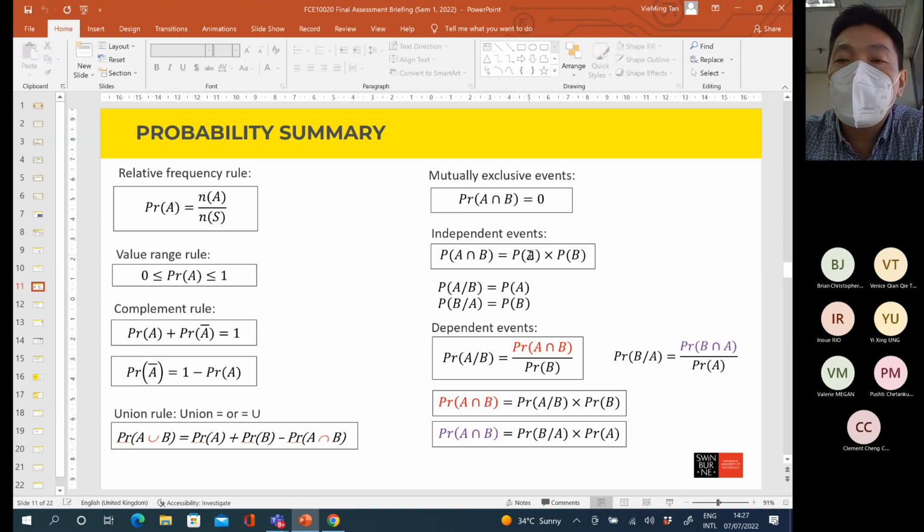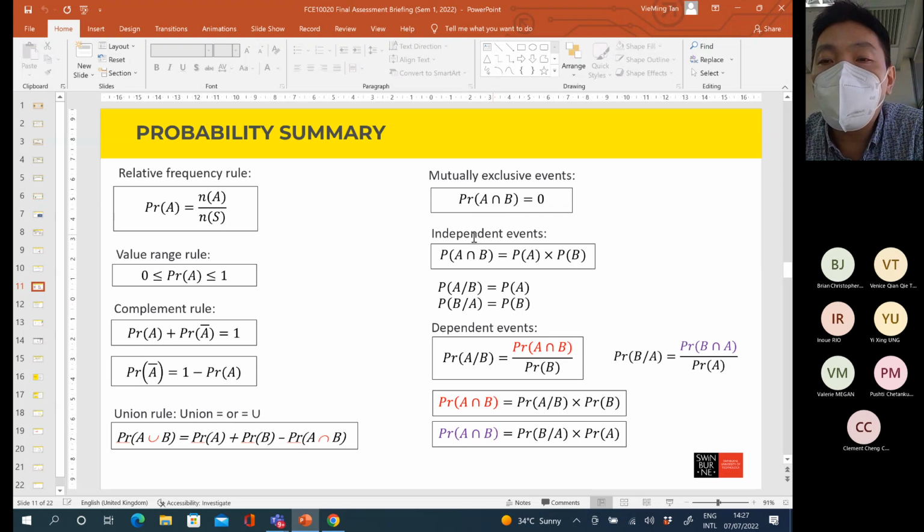In this case, you will find that probability of A intersect B is equal to probability of A multiplied by probability of B. And probability of A given that B already happened is still equal to probability of A, because A is not affected by B. Similarly, if you want to calculate probability of B given, we use the slash symbol, given that A already happened, our answer is still equal to probability of B, because B is not affected by A. Even though we know that A already happened, the result is still equal to probability of B.